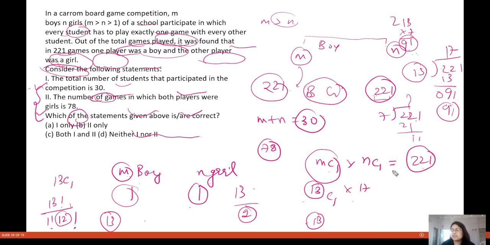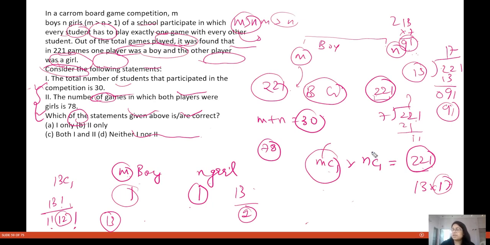But see, in the question it is clearly given to us that m is greater than n. So m means the number of boys is greater, and we will not consider the number of boys as 13. This 221 is equal to 13 into 17.